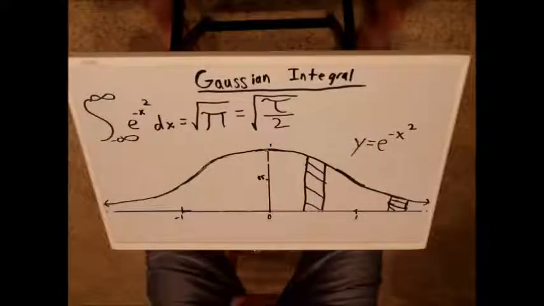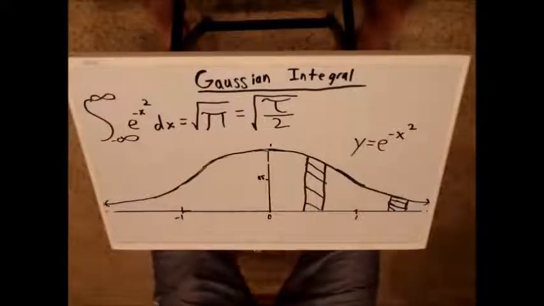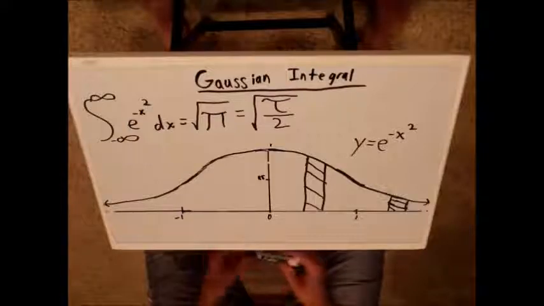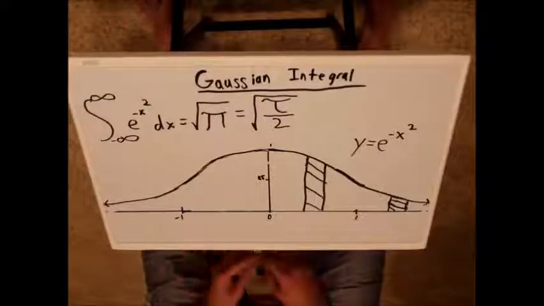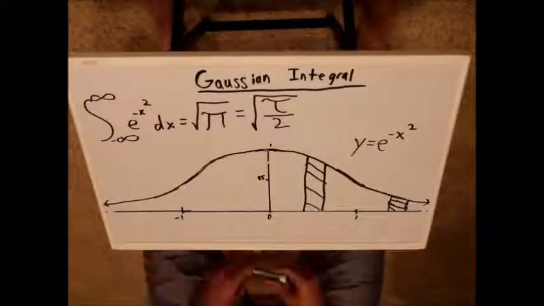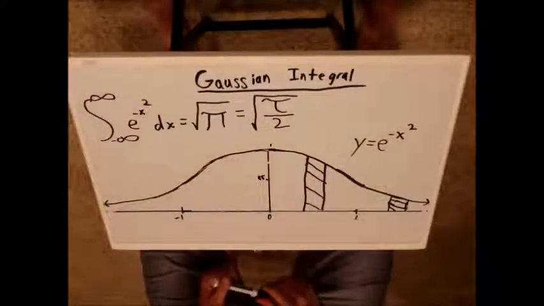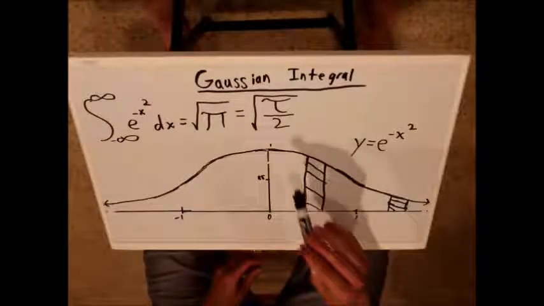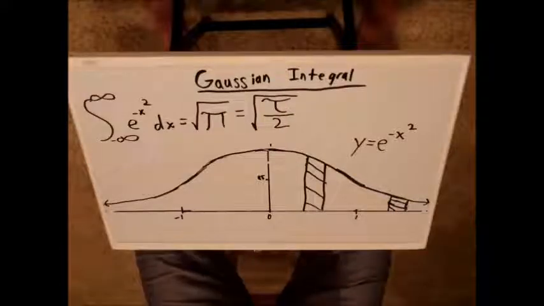So just so we can get our bearings straight as far as what we're doing, here I have the best graph I could draw of y equals e to the negative x squared. This is considered to be a very important curve in mathematics, specifically probability, even though it has many applications outside of that. This is often referred to as a standard bell curve.